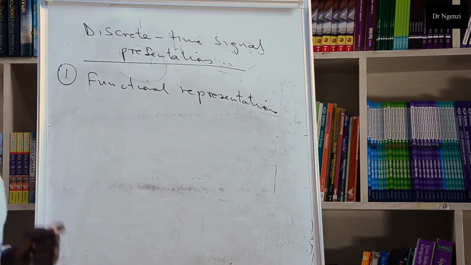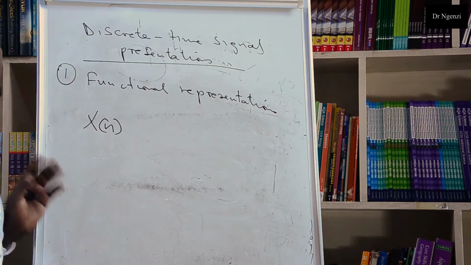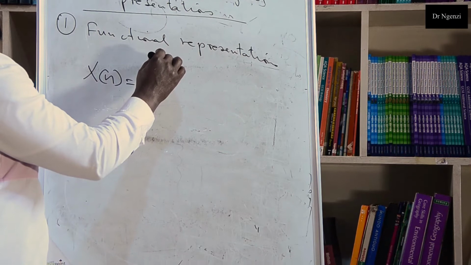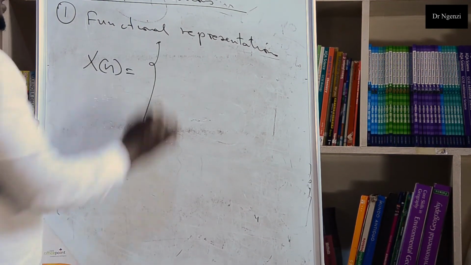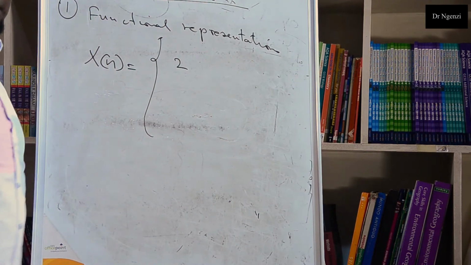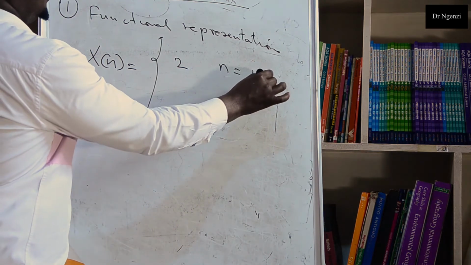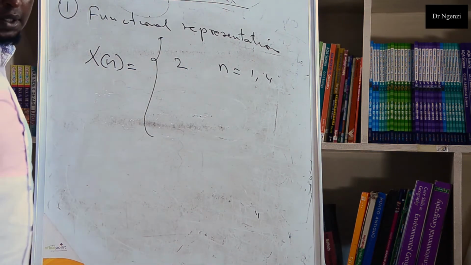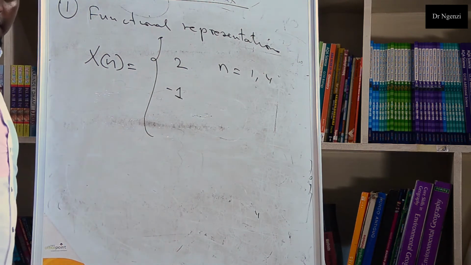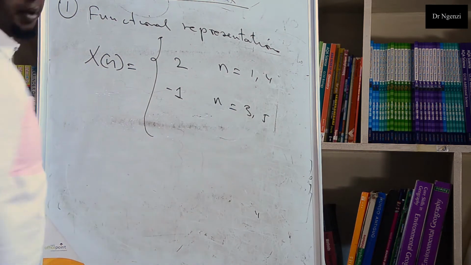Suppose we have a discrete time signal presented in the form of numbers. For example, function 2 has values where n equals 1 to 4, and function 1 has n equal to 3, 5, for example.